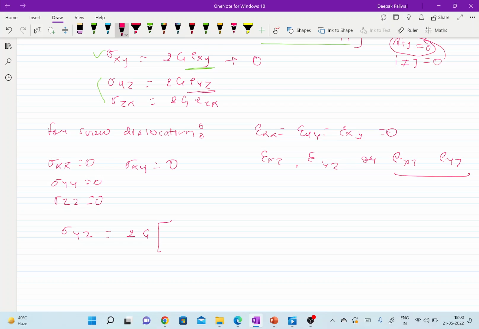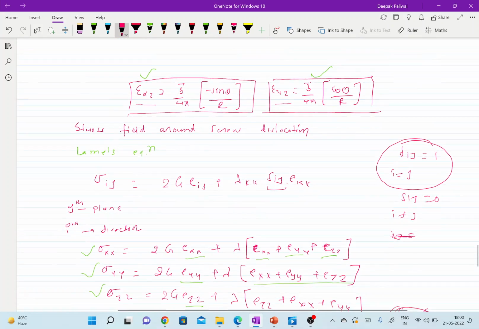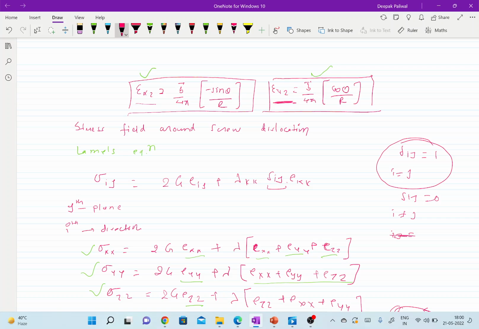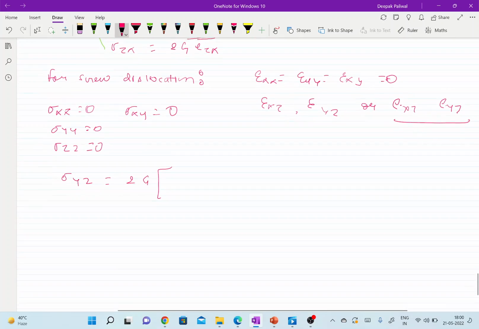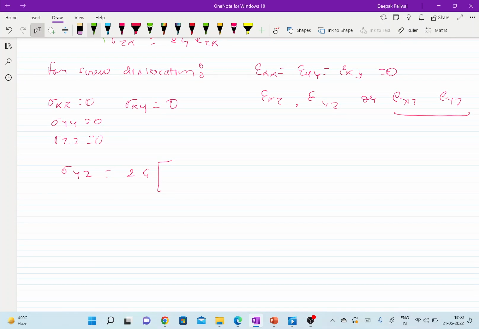In the previous lecture we saw that eyz is the Burgers vector b divided by 4 pi, times cos theta by r. So put this value: sigma yz is 2g times b by 4 pi, cos theta by r.